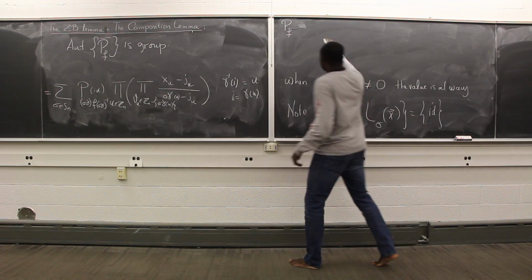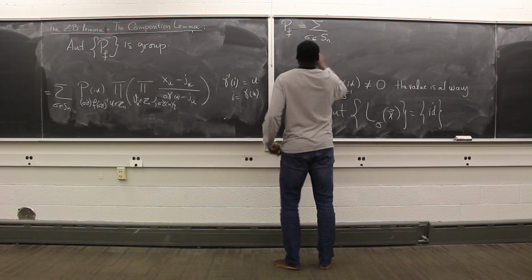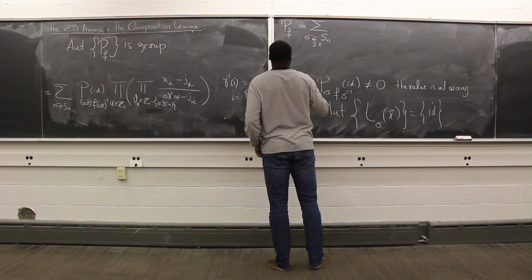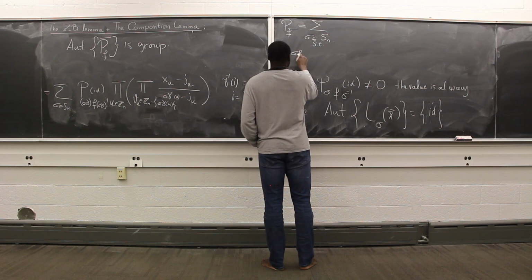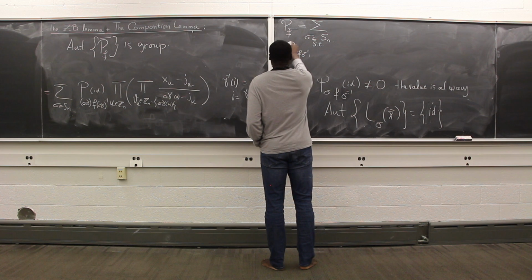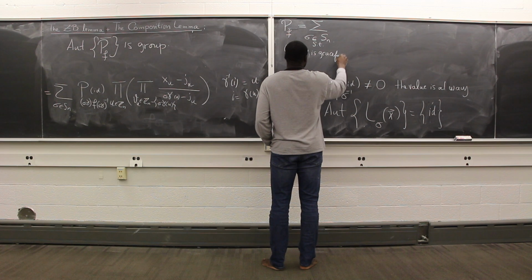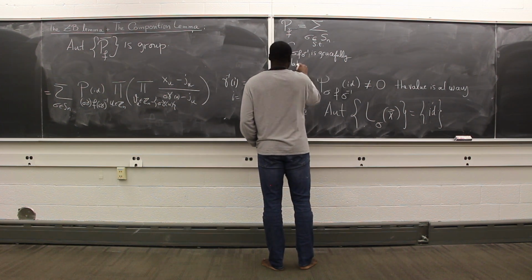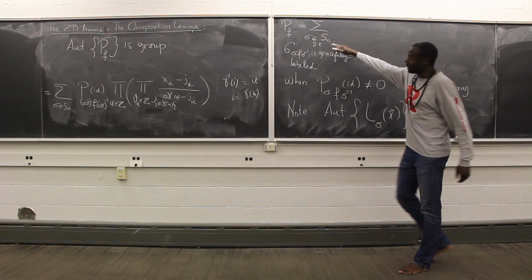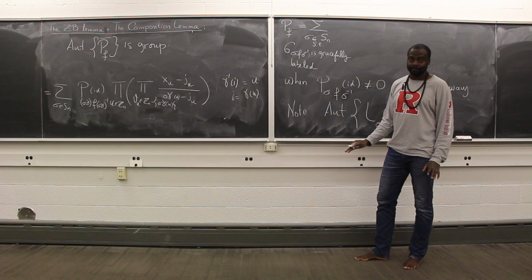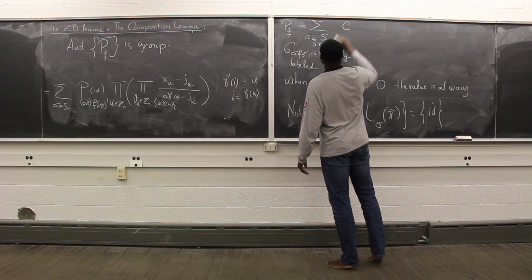So this is going to be the sum over sigma in Sn such that, so on which permutations is it not going to vanish? Such that sigma F sigma inverse, this graph, is gracefully labeled. These are the only permutations on which our polynomial will not vanish. On these permutations, I'm going to have the same constant c.